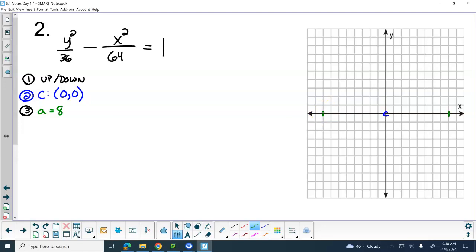What is my B value? 6. So that means I'm going up and down 6. That's only 3. And then I draw in my box.